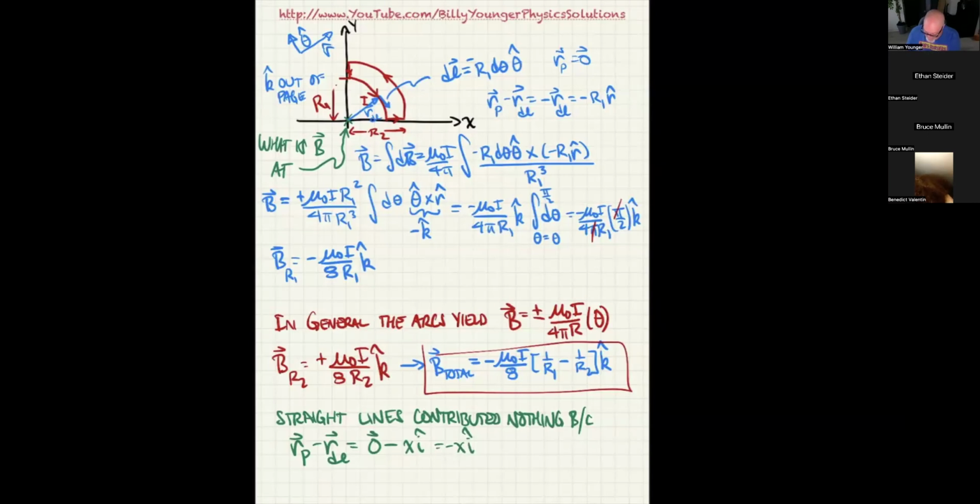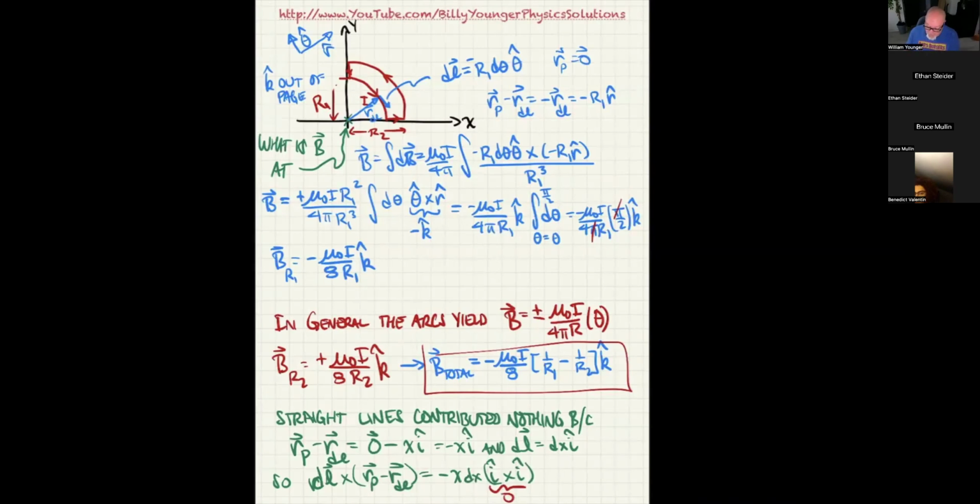That's rP minus r dL, but dL is equal to dx i hat. So dL cross rP minus r dL is equivalent to saying basically negative x dx times i hat cross i hat, and i hat cross i hat is 0.